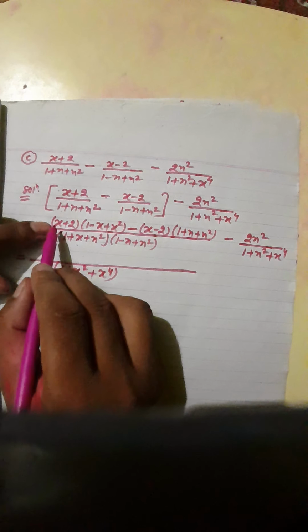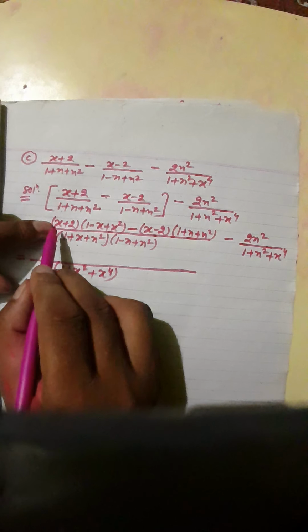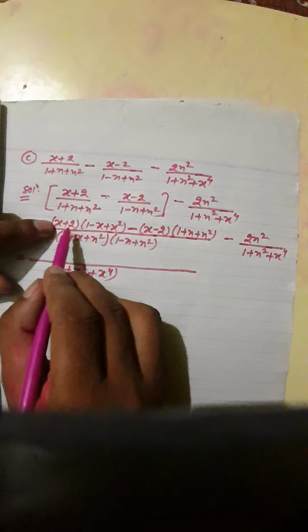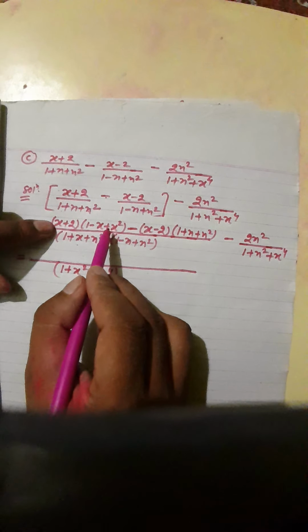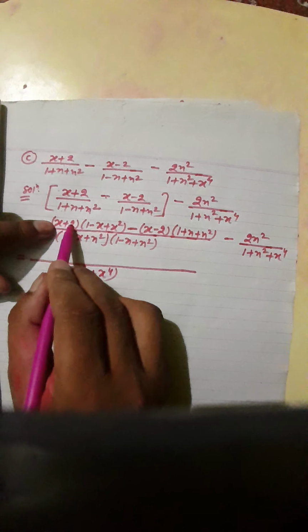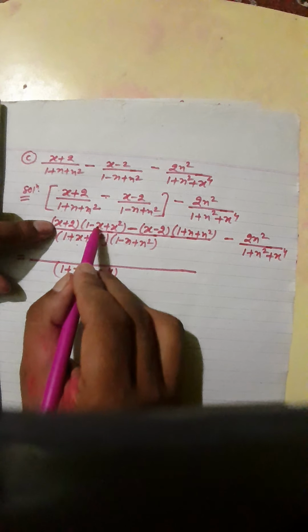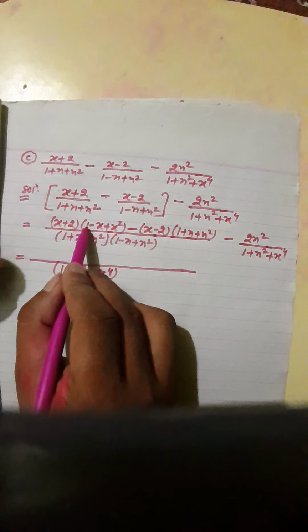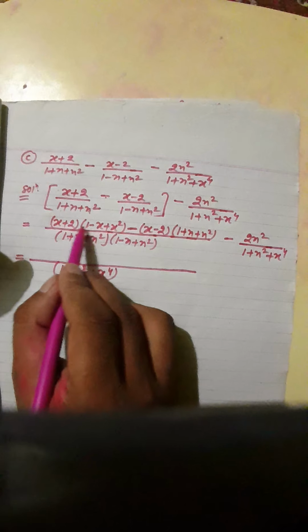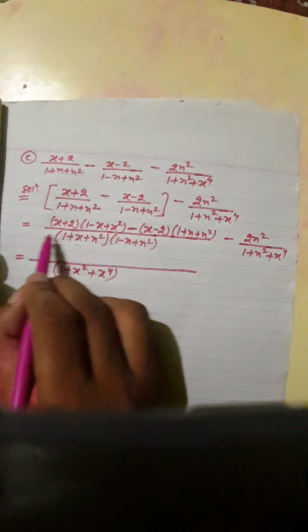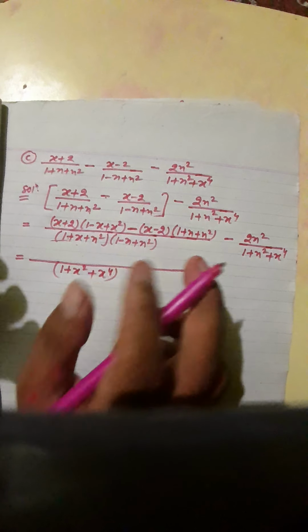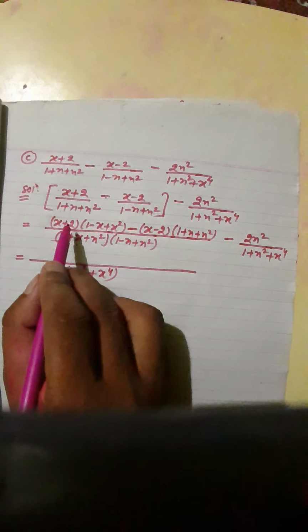If you consider x as a and 2 as b, then a + b, and a² means x², okay. Now −ab means x into 2, so it should be 2x, but here it is only x. Plus b² means 2² should be there, 4 should be here, but it is not. So it is not in the formula of a³ + b³ or a³ − b³, so we have to multiply because it is not in the formula.